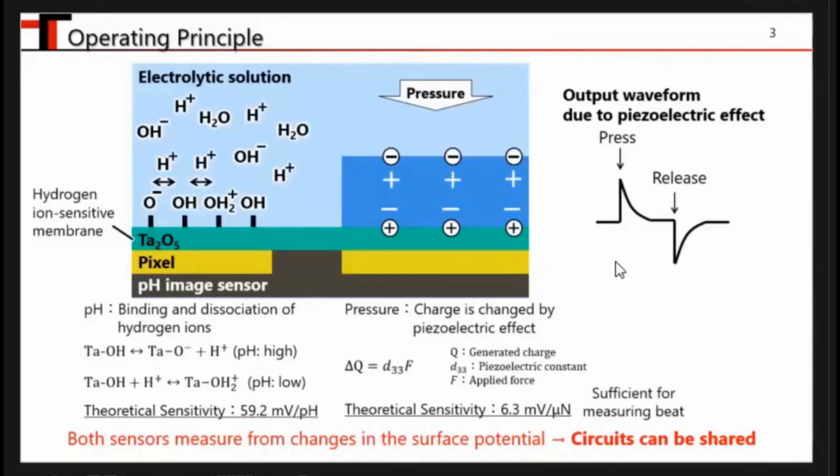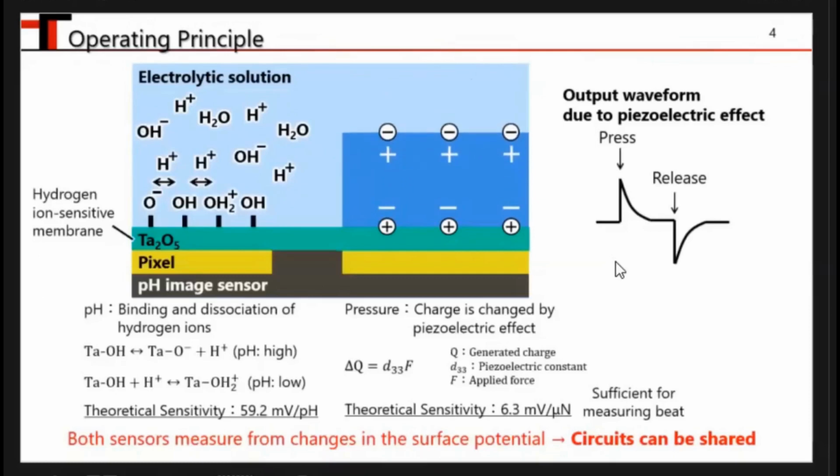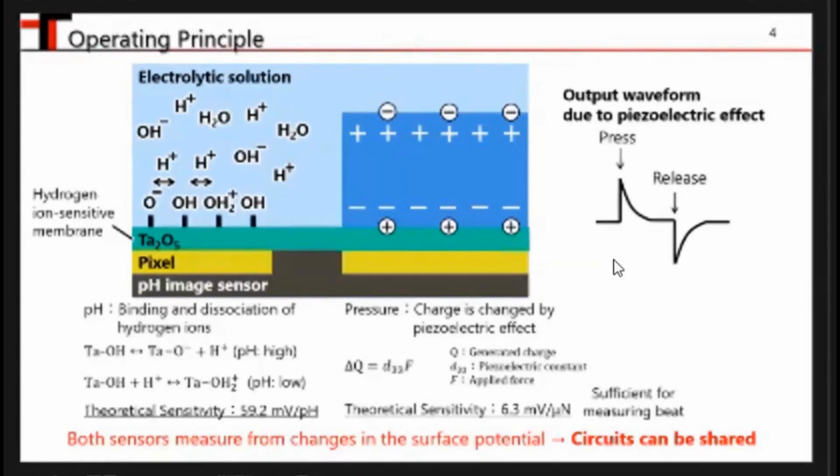And when the pressure is released, the output increases and returns to the initial value.